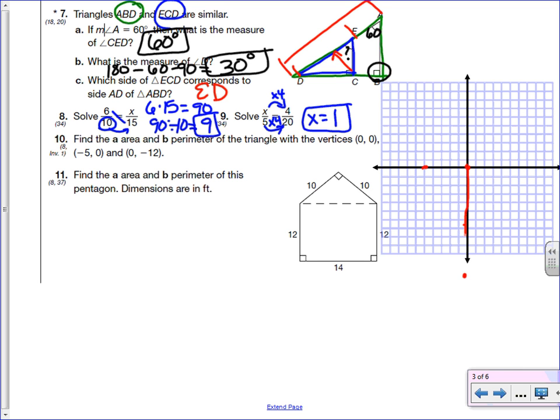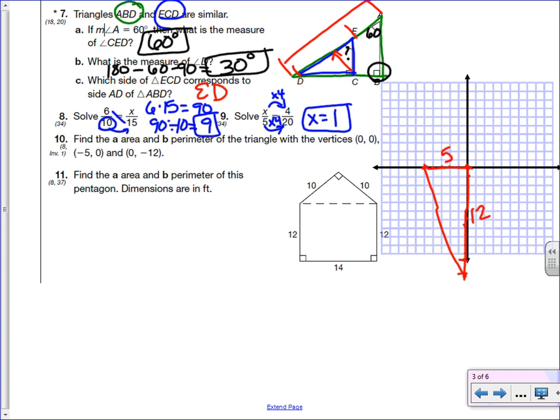So we have, got a little crooked there. So this side here is 12. 1, 2, 3, 4, 5, 6, 7, 8, 9, 10, 11, 12. This side here is 1, 2, 3, 4, 5.